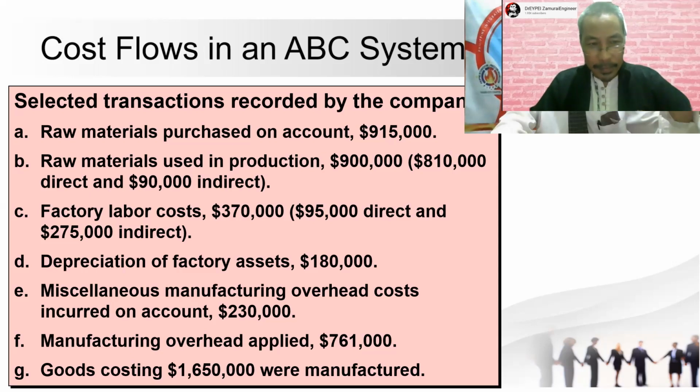It is indirect. Number 3, factory labor cost, $370,000, meaning $95,000 direct and $275,000 indirect. Also, the labor cost has direct and indirect.